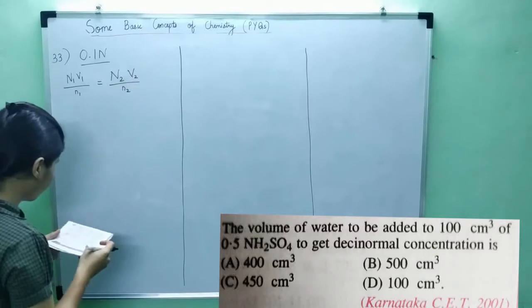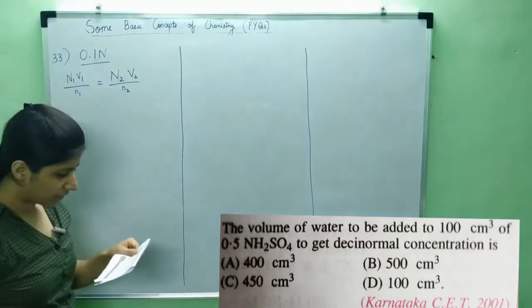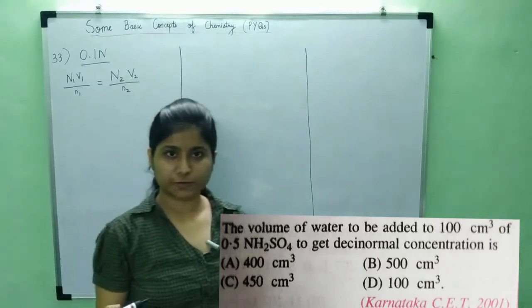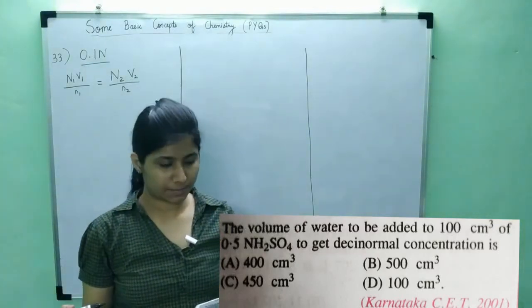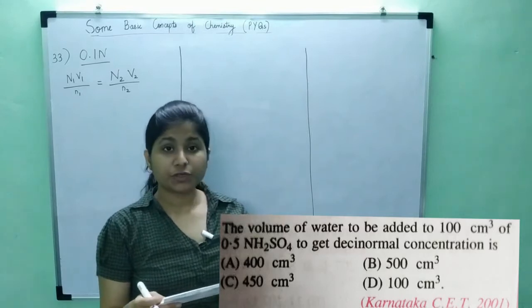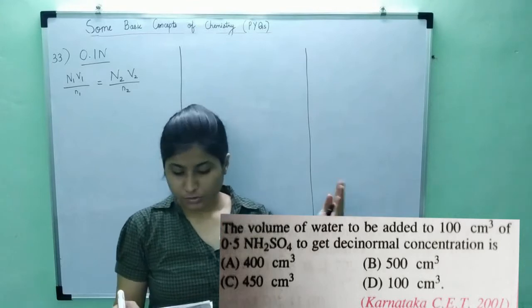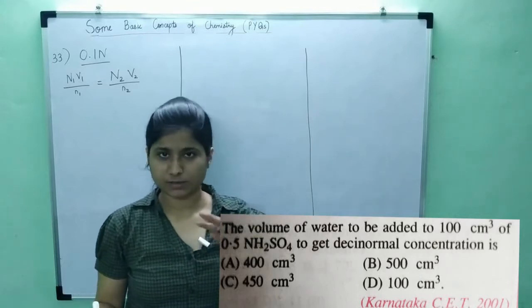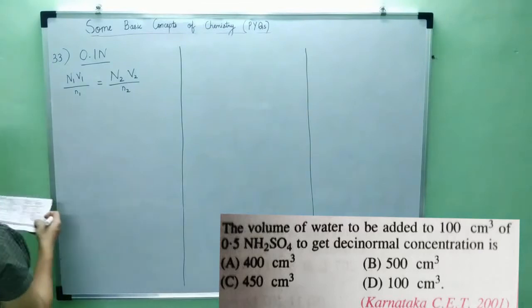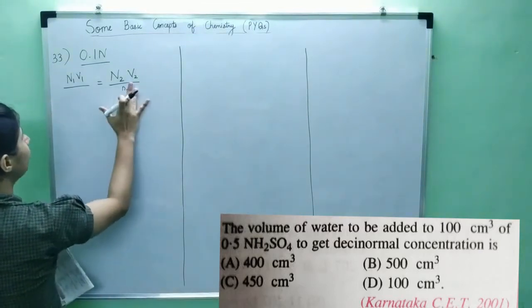I have 100 ml of 0.5 normal solution of H2SO4. Now I have to reduce from 0.5 to 0.1, so there is a dilution. So what will be the extra water that I am adding? This is the question. Okay, so when there is no reaction, N1 and N2 do not appear in that.